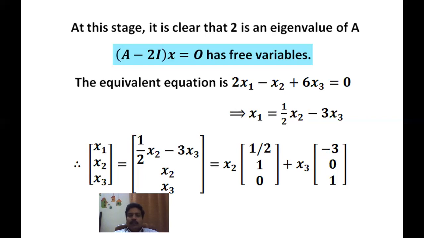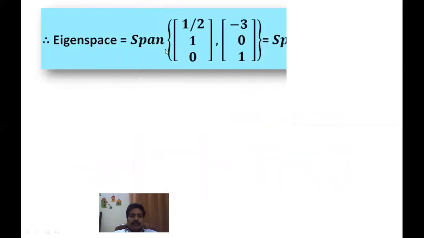So these two vectors, V1 and V2, let us say, will form a basis for the set of solutions, or we can say the null space of A minus 2I.